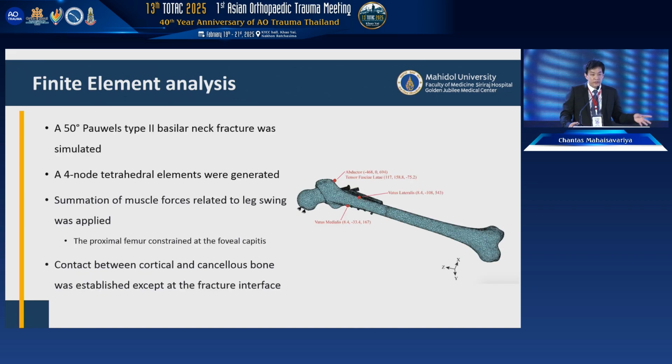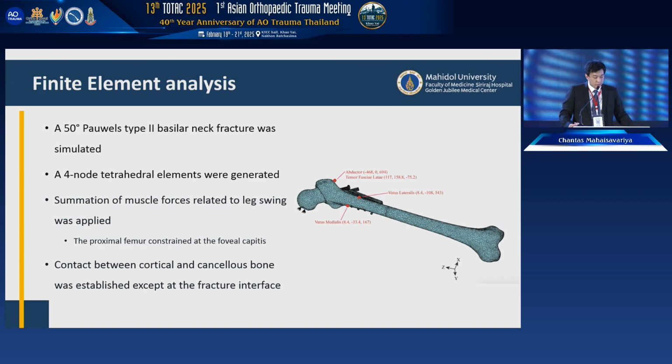To make the finite element models, we created a 50-degree angle type 2 basicervical neck fracture, because this fracture is situated in the basicervical area and has a proper angle from the anatomical study.